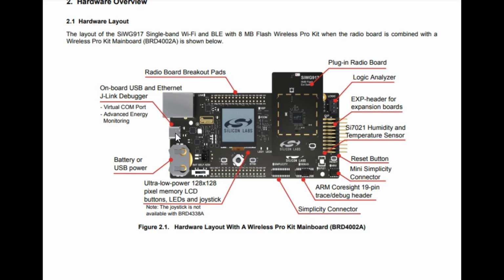Apart from this, you have an RTC coin cell option or a 2-pin battery connector. Using either of these, we can provide power if you don't want to use the USB Type-C connector.